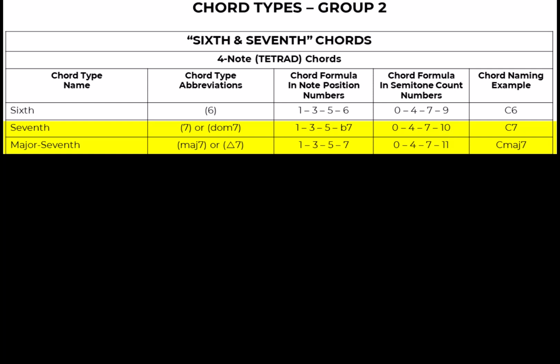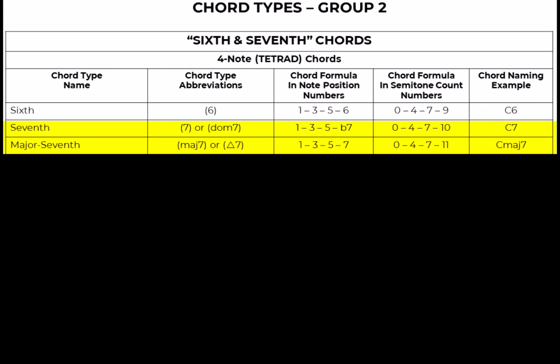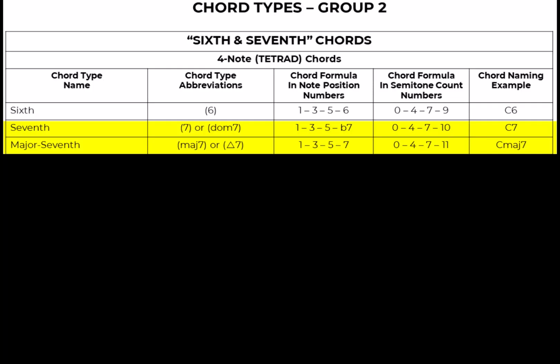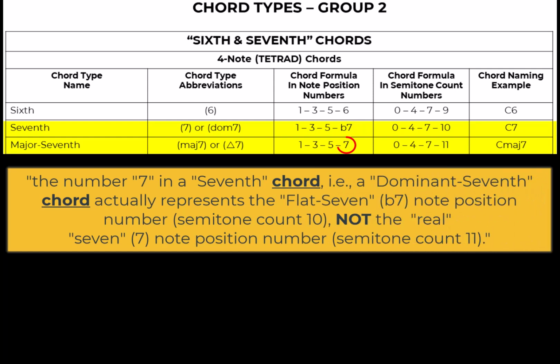And a very special comment before moving forward. It is this dominant seventh chord that confuses most musicians, and here's why. Despite the dominant seventh chord typically being named only with the number seventh, like the seventh chord, this number 7 actually represents the flat 7 note position number, not the, quote, real note position number 7.